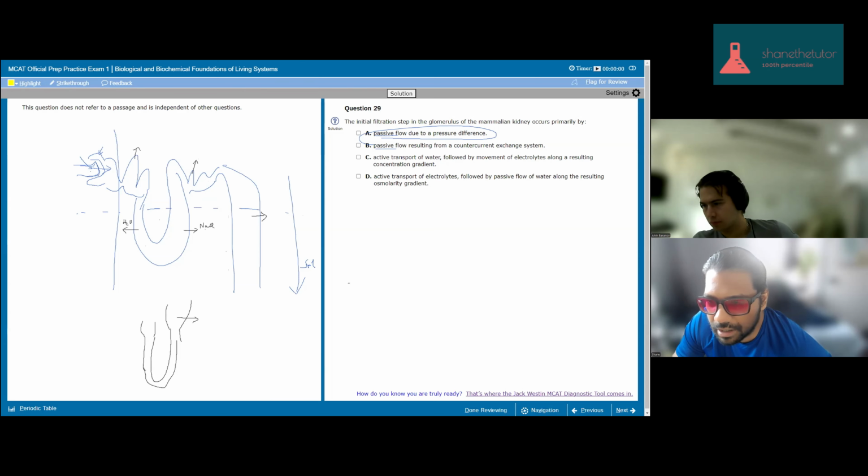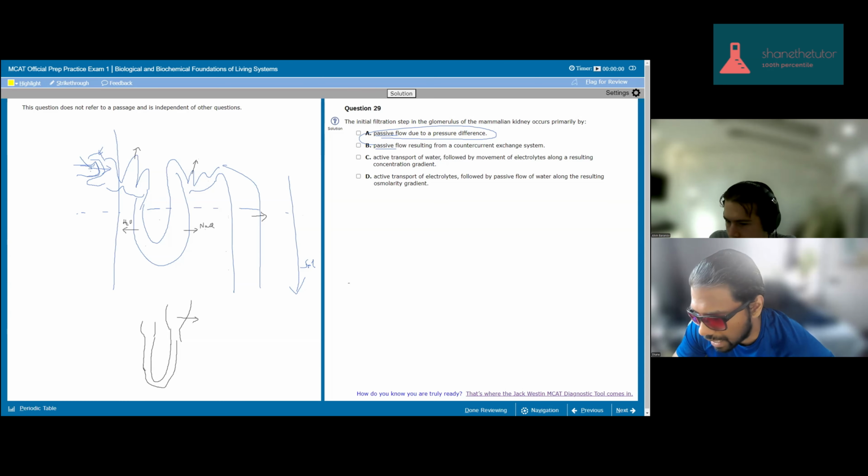The descending loop has only diffusion, or passive. In the ascending loop, the thin portion is passive, the thick portion starts to become active, the distal convoluted tubule has a good amount of active transport, and in the collecting duct you can have some as well.